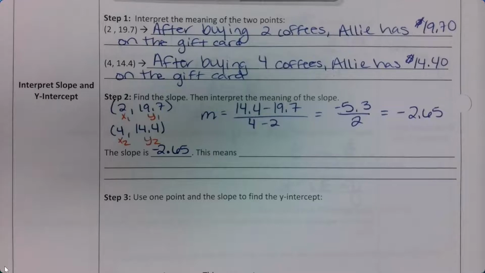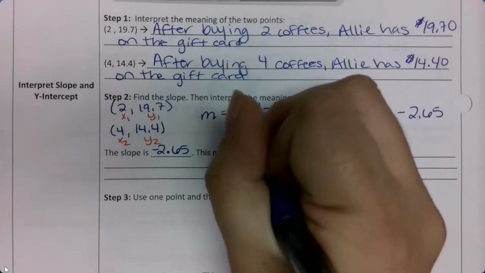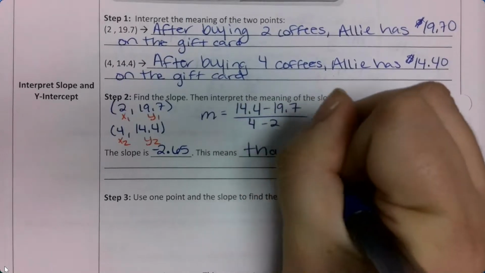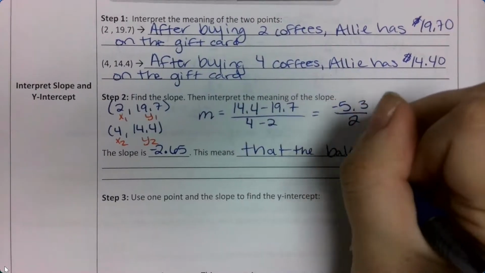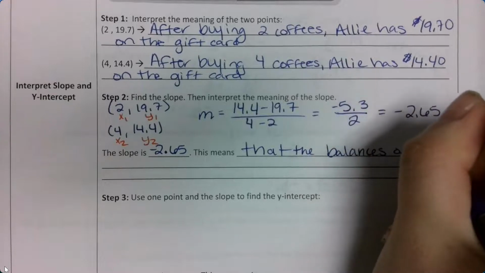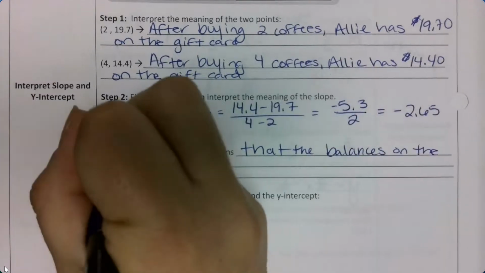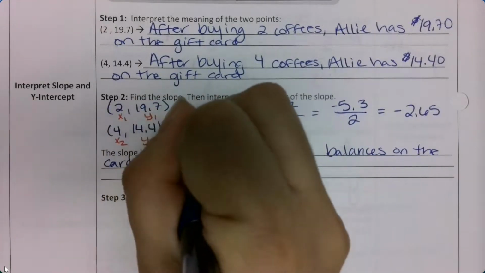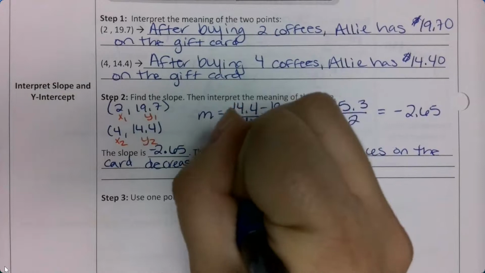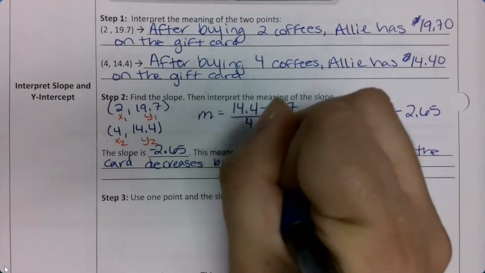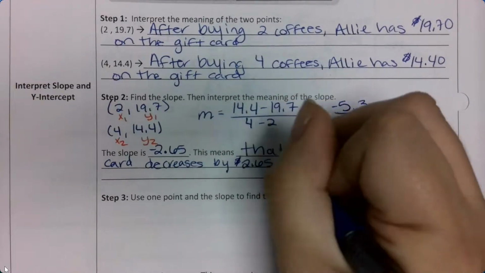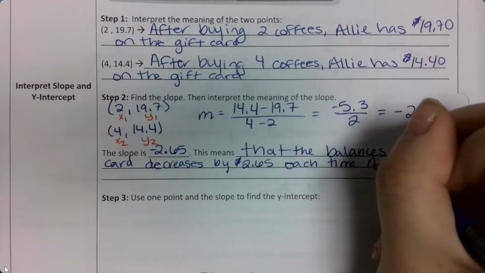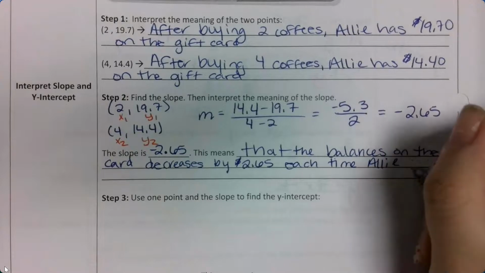Okay, so this means that the balance on the card decreases by $2.65 each time Allie buys a medium coffee.